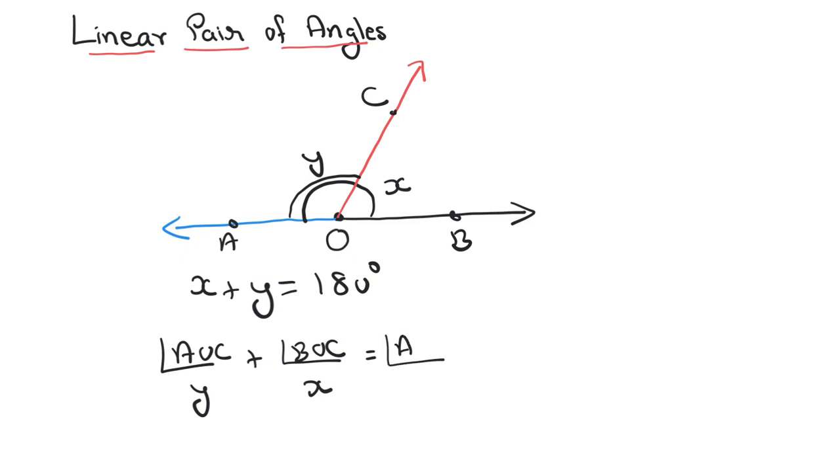Angle AOB, and that happens to be how much? 180 degrees. So adjacent angles on a straight line are called a linear pair of angles, and they add up to 180 degrees. So you understand what a linear pair of angles is.